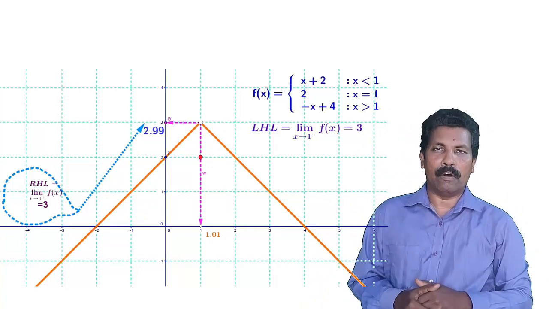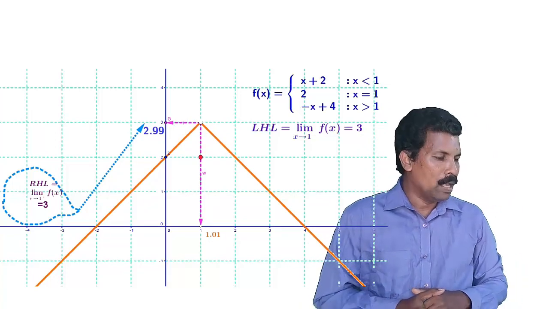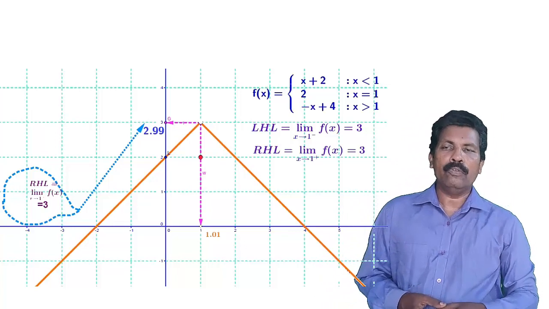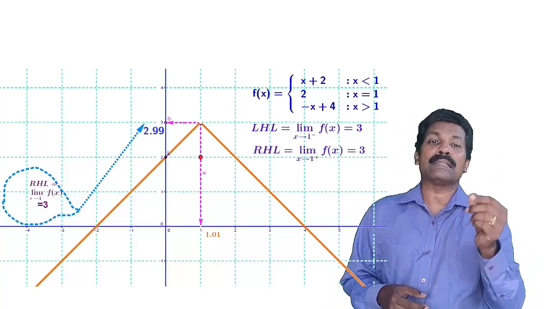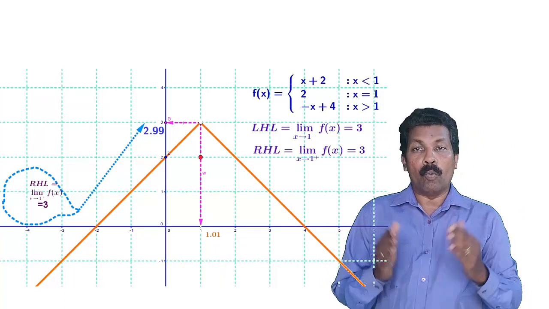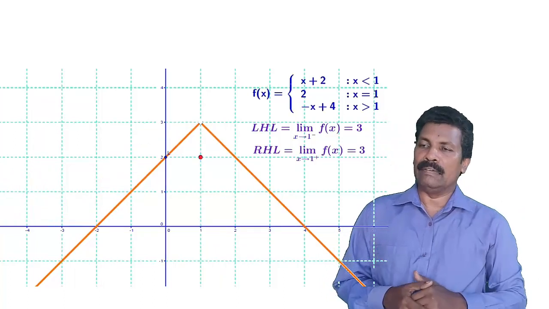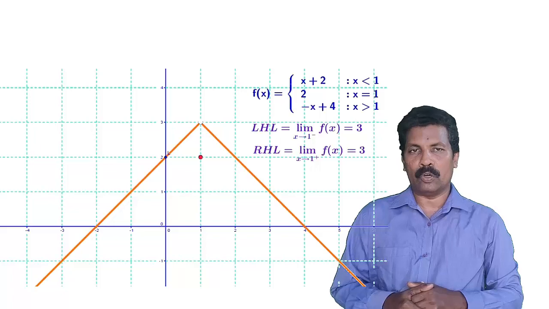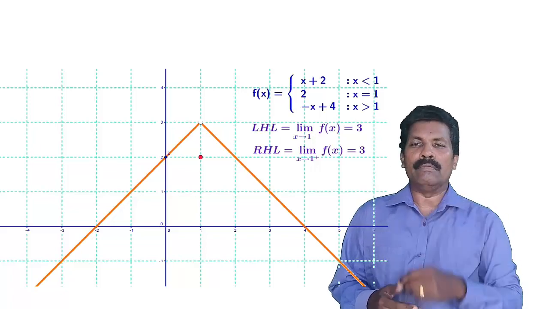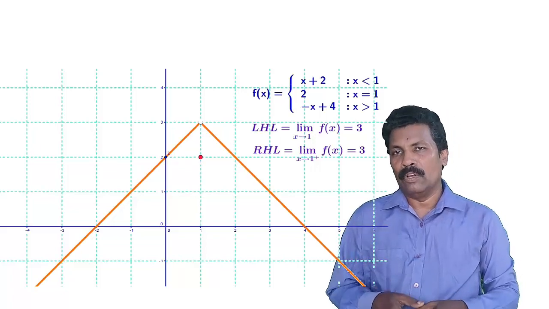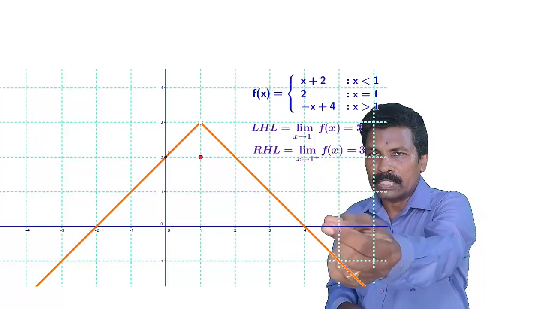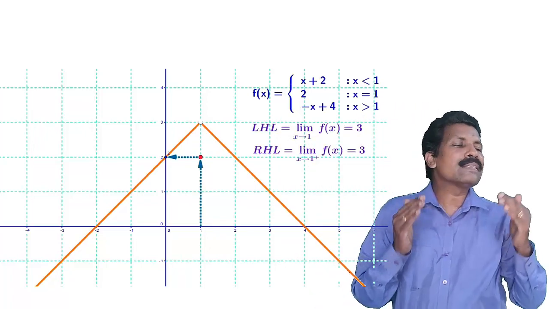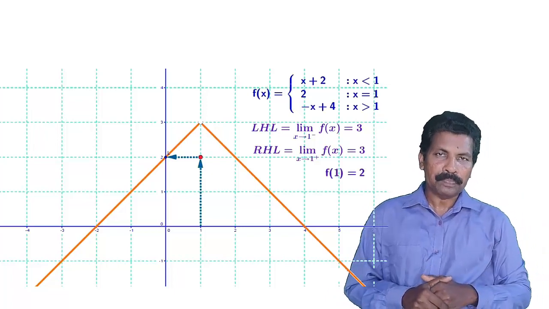So we can say the right hand limit here, that is RHL, is equal to the limit of f of x as x tends to 1 plus, is equal to 3. Now what about the value of the function at x equal to 1? When x is 1, f of x is 2. That is, f of 1 is equal to 2.